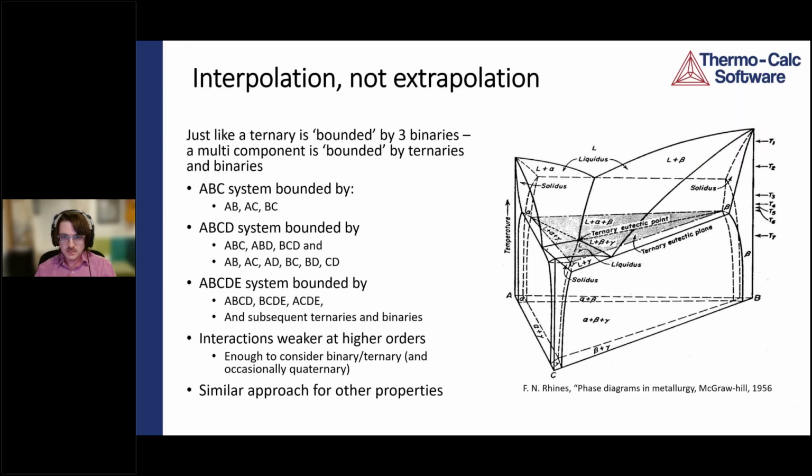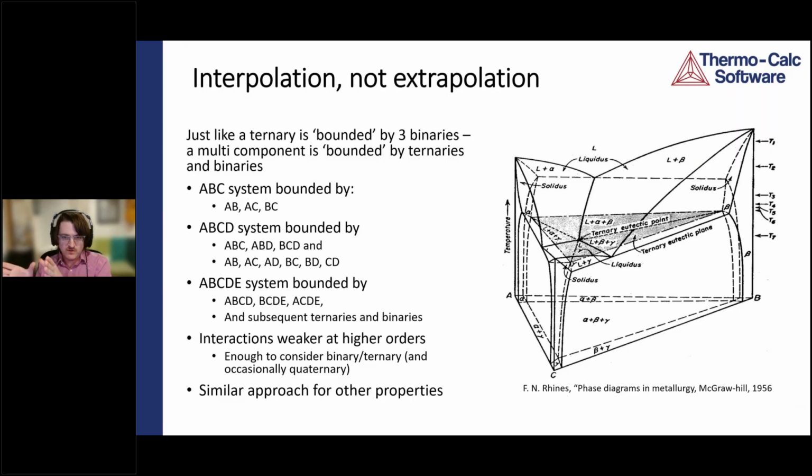So if we want to calculate for a 10 element system, let's say we've got a 10 element 304L composition, and we want to calculate the phase balance in there, you might think, well, if I only have the data for the binaries and the ternaries, how is that not just extrapolating to 10 elements from a bunch of binaries?